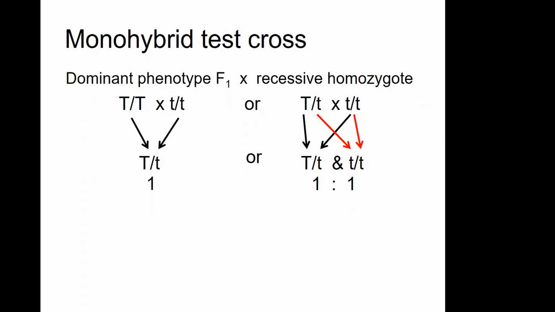And so from that test, he could tell that the only real logical explanation was that being heterozygous makes you tall and being homozygous tall makes you tall, and that it only takes one allele to dictate the phenotype.